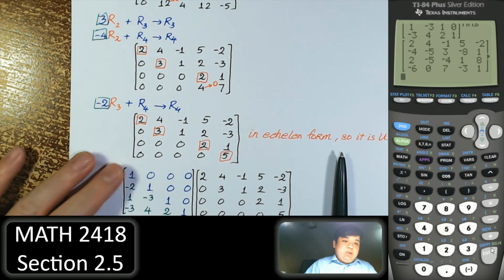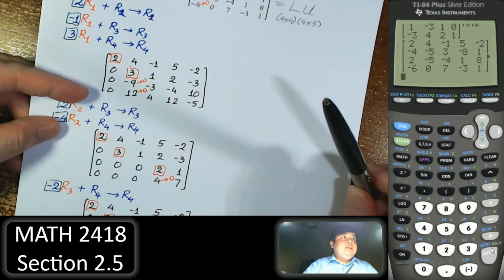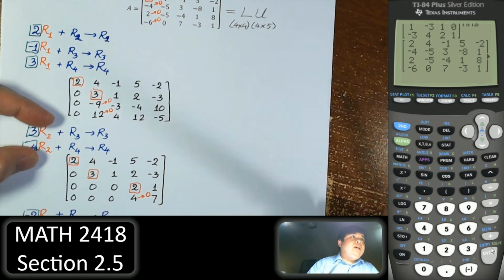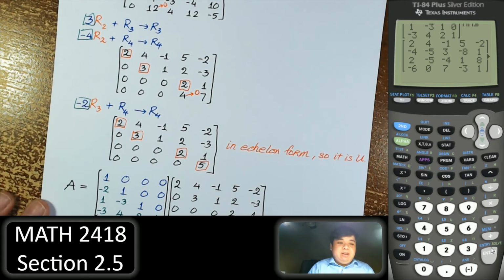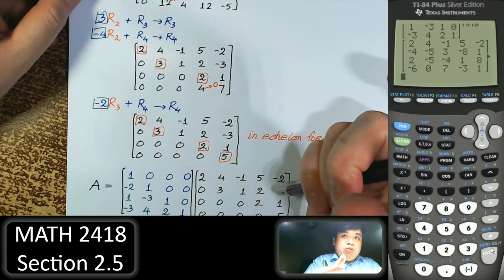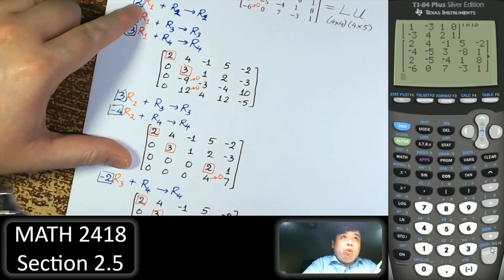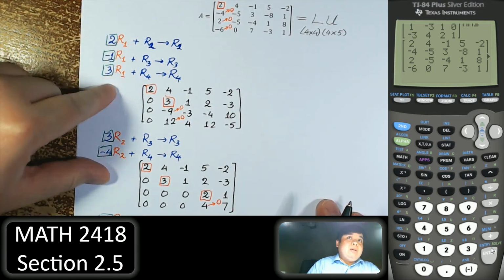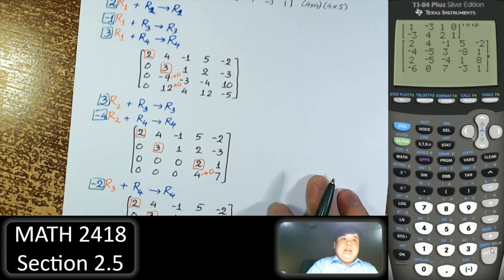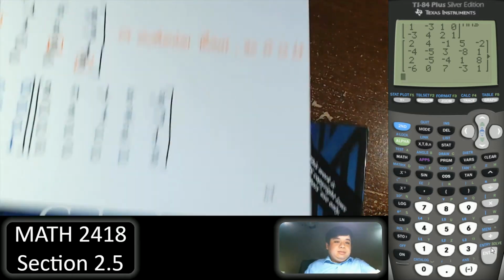Alright, and that should give us the original matrix. Yeah, so simple enough. Just find the echelon form, don't interchange rows, don't multiply a row by any constant. And then when we eliminate, use the opposite number as we eliminate, and put it in the L matrix. So that's what we do here.